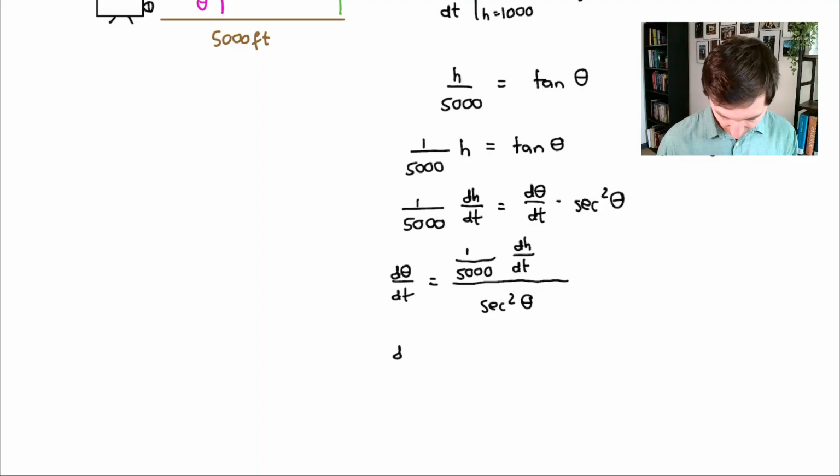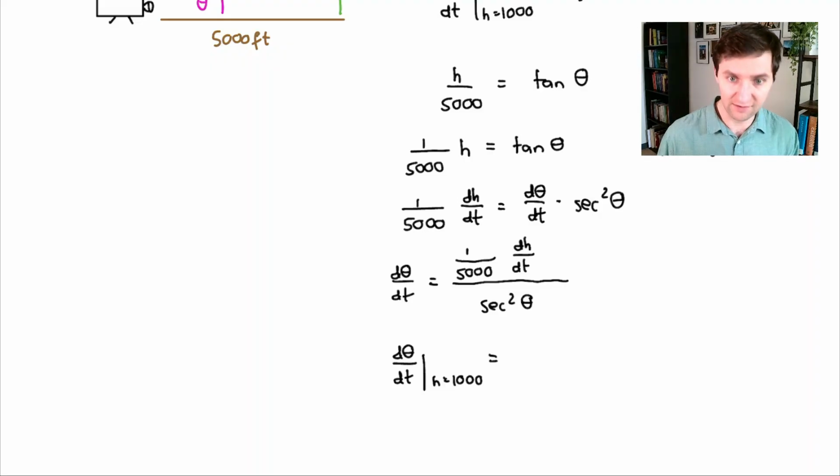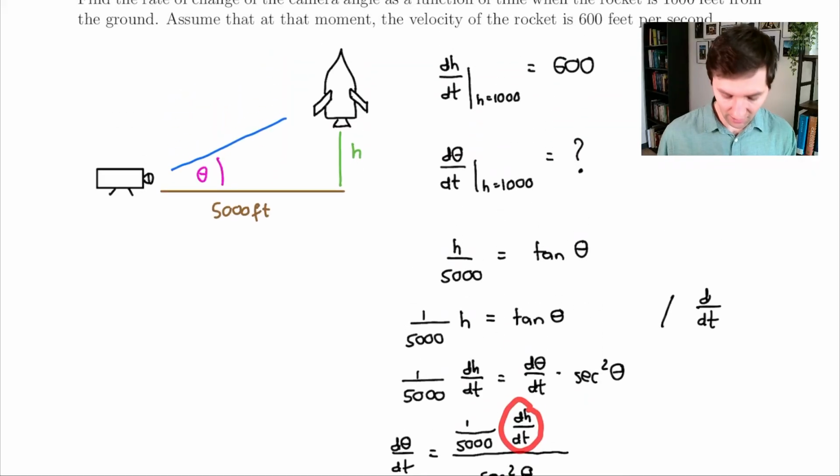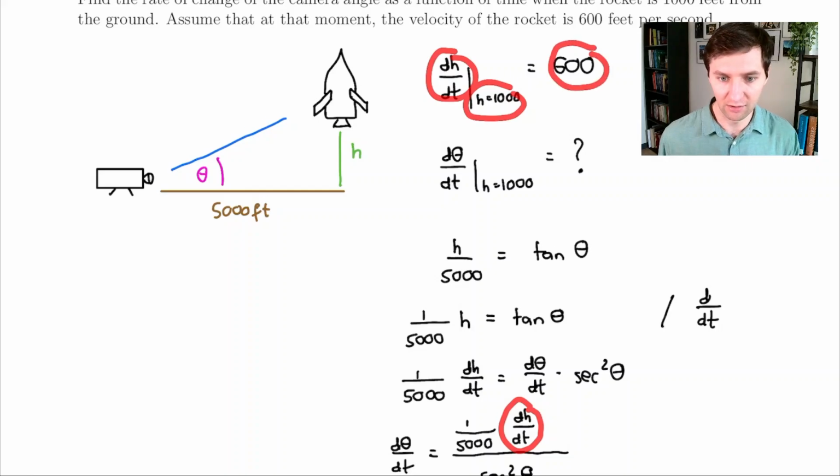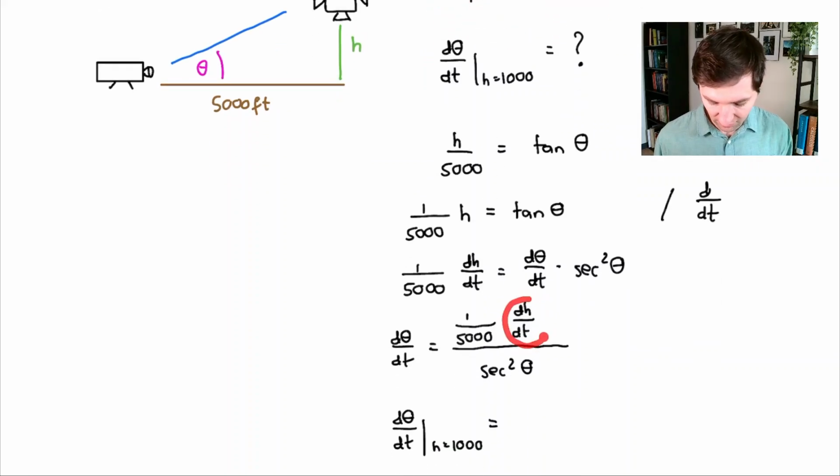I am interested in the rate of theta with respect to t whenever h was 1000. This allows me to plug in dh dt given to me in the problem. dh dt whenever h is 1000 is 600. So instead of writing dh dt here, I can write 600.